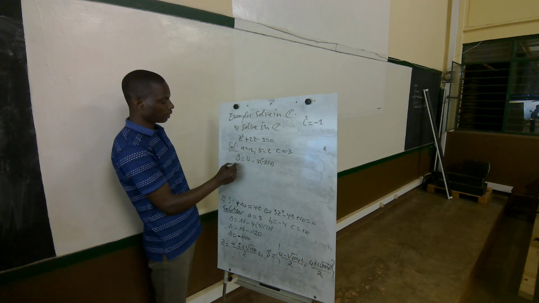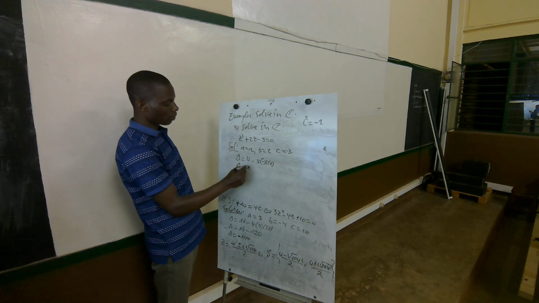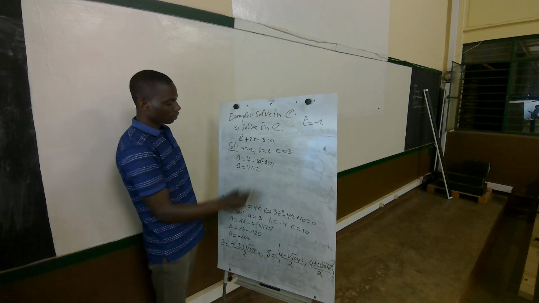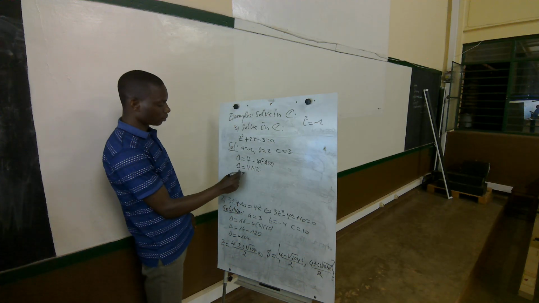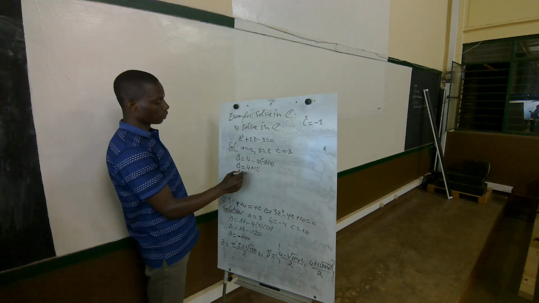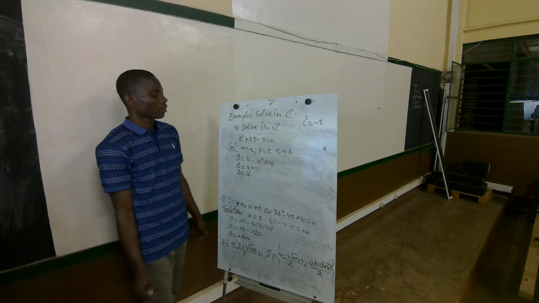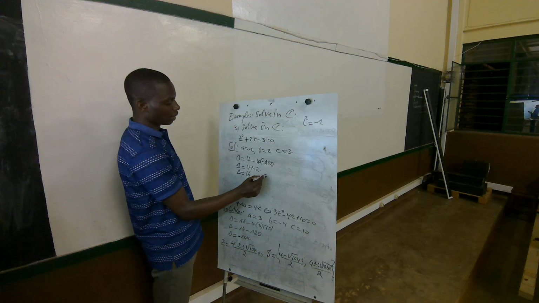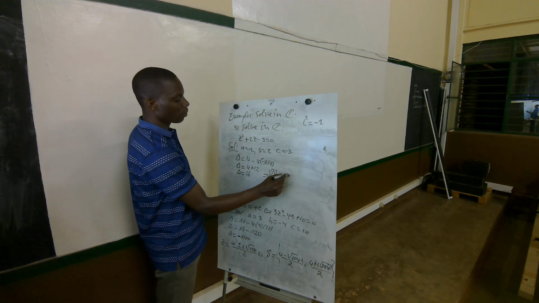Now the determinant will be equal to 4 plus 12, so the determinant is equal to 16. This implies that the square root of the determinant is equal to 4.